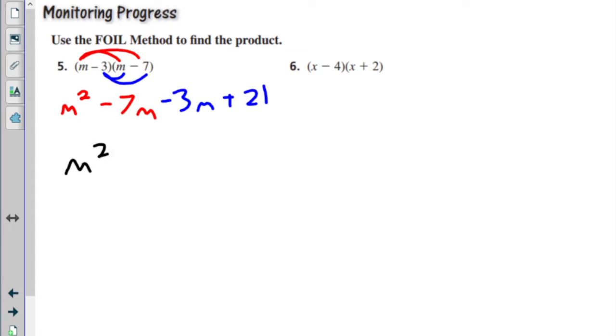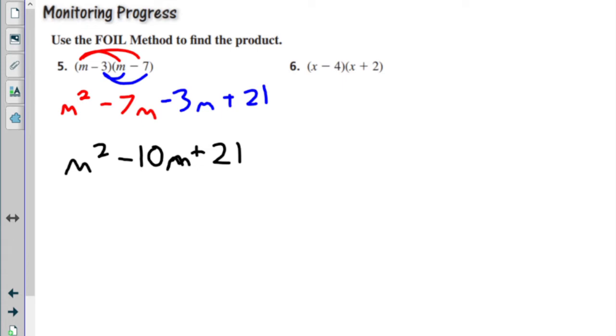So m squared doesn't go with anything, it's still m squared. Positive 21 doesn't go with anything, it's still positive 21. Notice that those came from multiplying the m times m and the negative 3 times the negative 7. Notice that this middle term is going to come from negative 7m minus 3m, which is negative 10m. Take a negative 7 and subtract it, gets more negative.